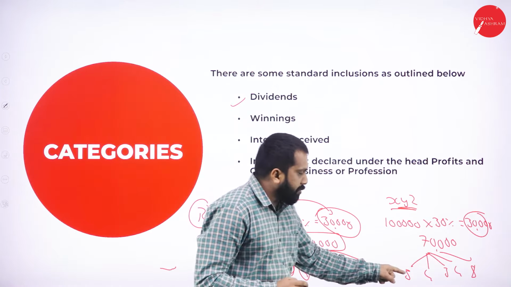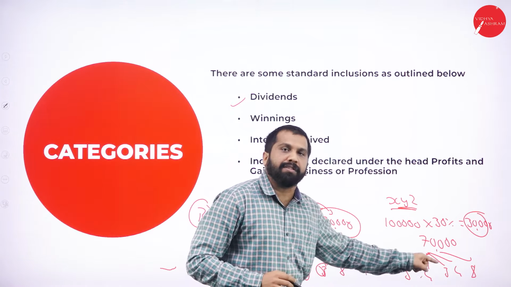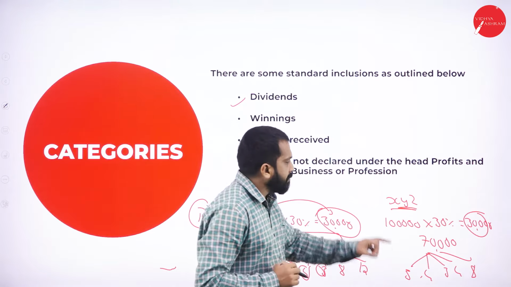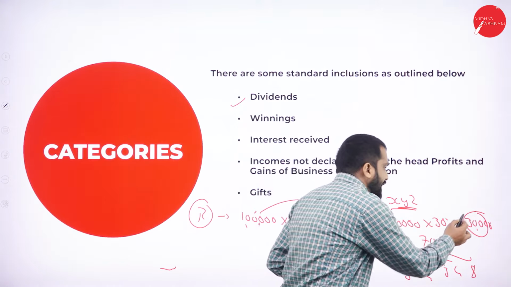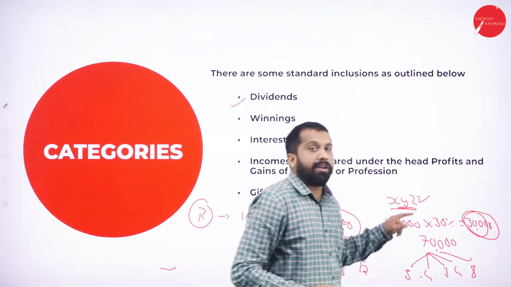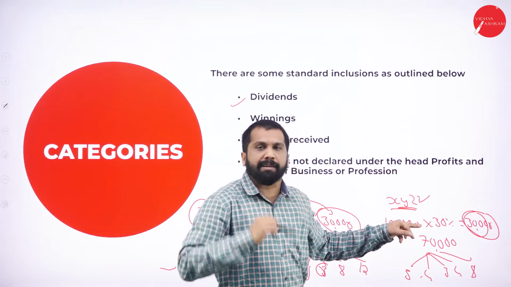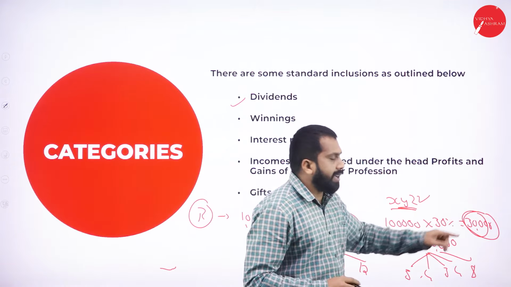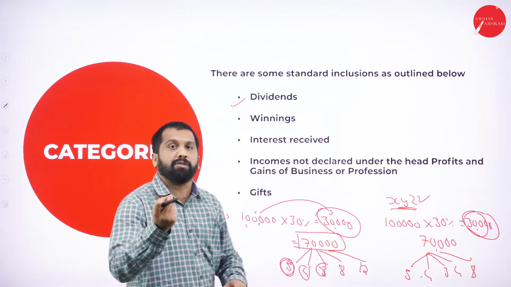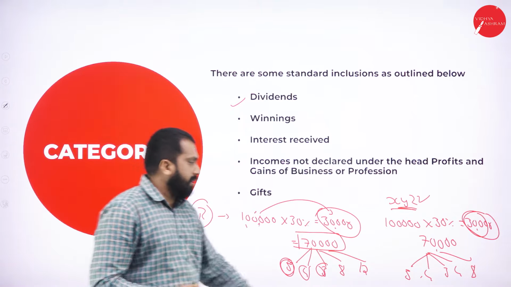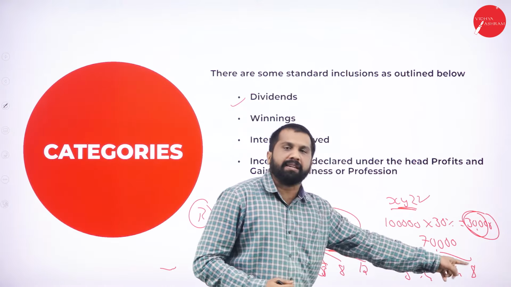But we have to pay tax on this. The reason is that the 30% tax paid by XYZ was not paid to the Indian government, they paid it to the foreign government. The Indian government has not collected even 1 rupee of tax.